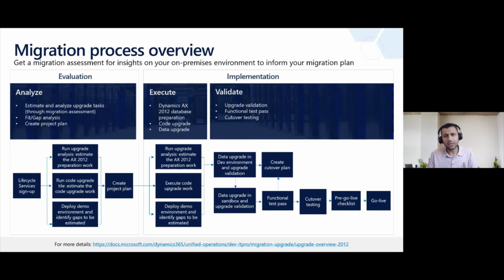Once you reach a stable code and data, the last step is to start your validation steps, right? So doing some kind of upgrade validation to make sure that the data is showing up in the right places and has the right quality.